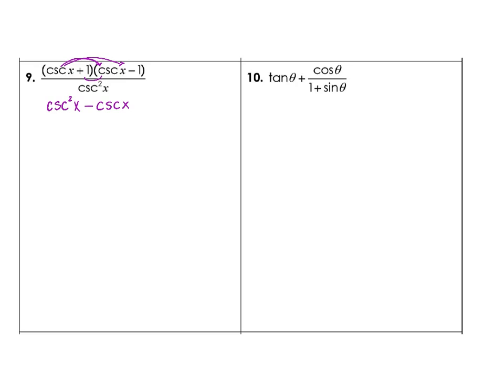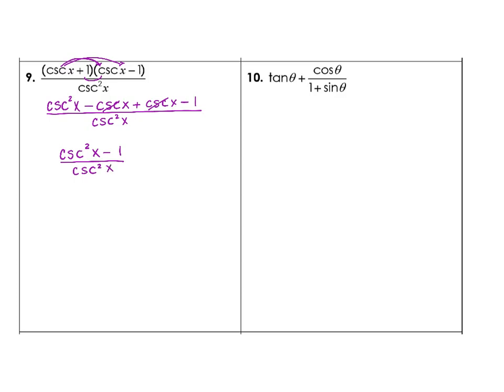And then on the inside, we're going to have positive cosecant x and then minus 1. And this is all going to be over cosecant squared x. Now we can cancel these since those are like terms with different signs. So we have cosecant squared x minus 1 over cosecant squared x.